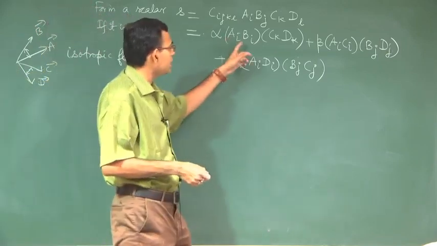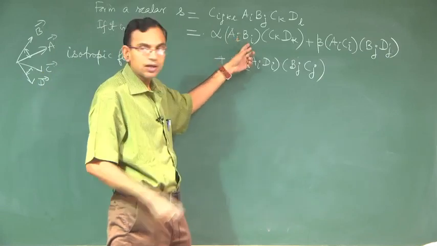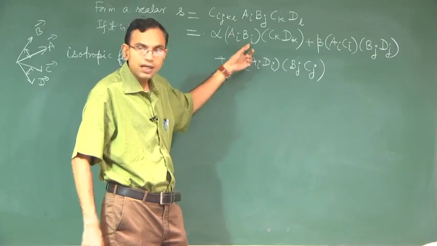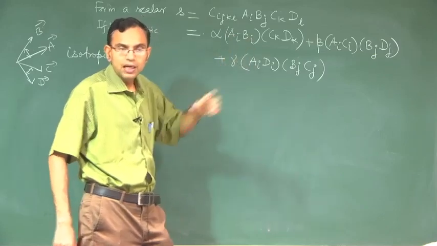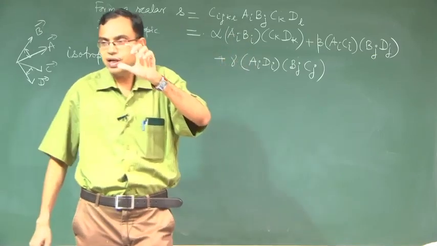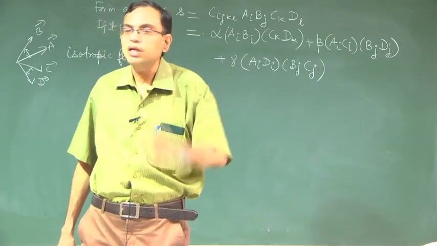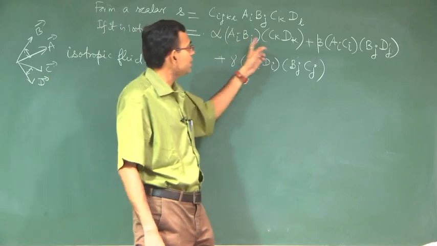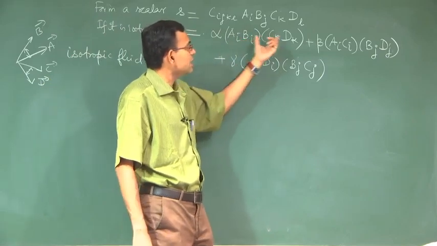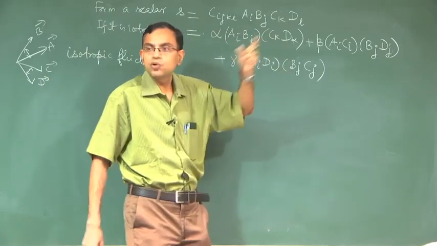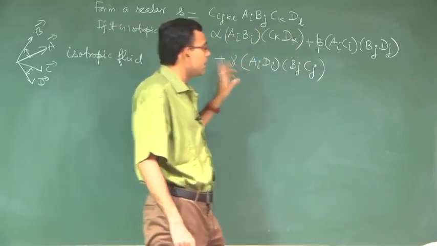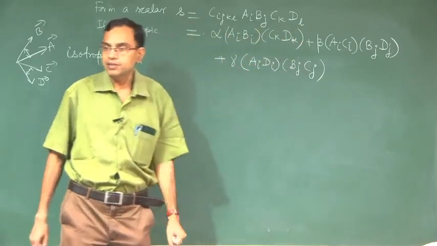So, the 3 combinations, and this is essentially what? This is the dot product of the 2 vectors A and B. AiBi is essentially A dot B. A dot B will automatically give the cosine of the angle between the 2 vectors. Okay. So, the angles between the vectors that is given importance, but not their absolute orientation, and then these constants alpha, beta, gamma are arbitrary mathematical constants.